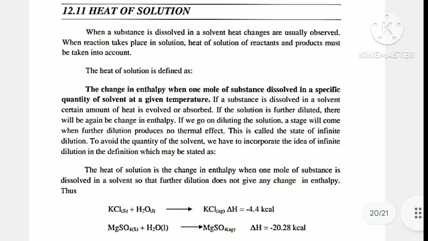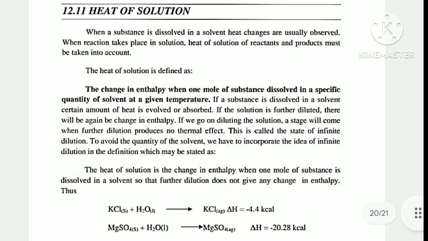If a substance is dissolved in a solvent, a certain amount of heat is evolved or absorbed. If the solution is further diluted, there will again be a change in enthalpy. If we go on diluting the solution, a stage will come where further dilution produces no thermal effect. This is called the state of infinite dilution.